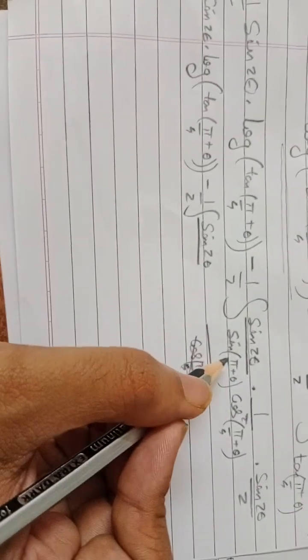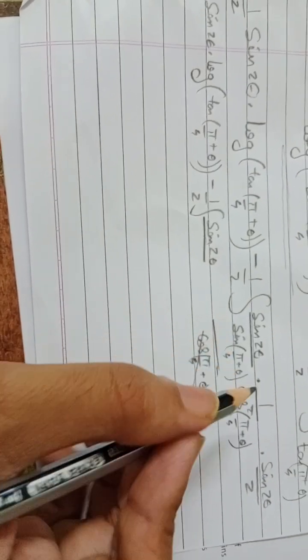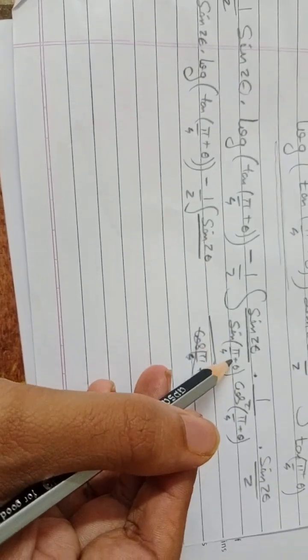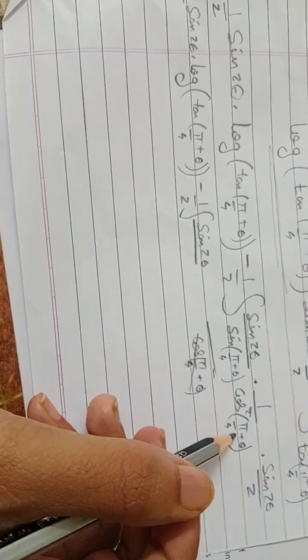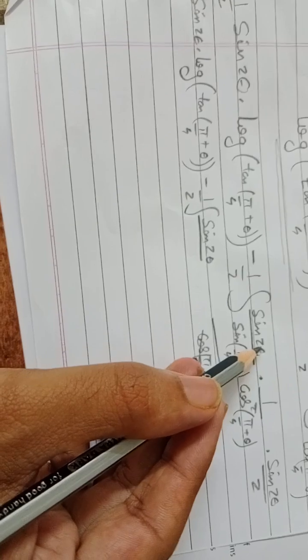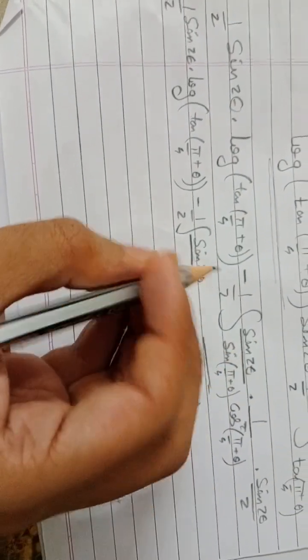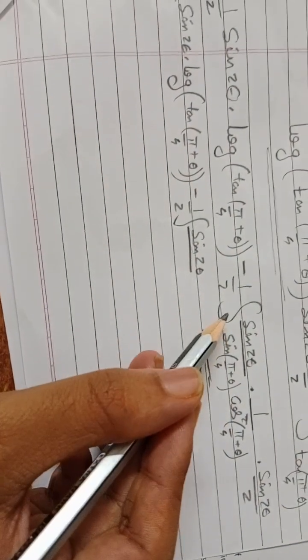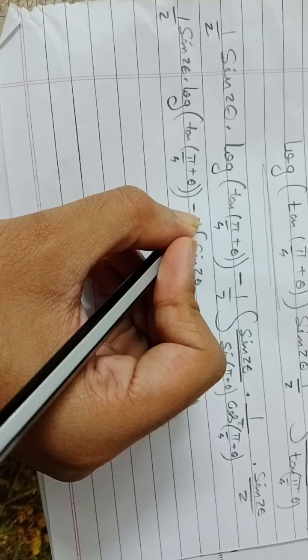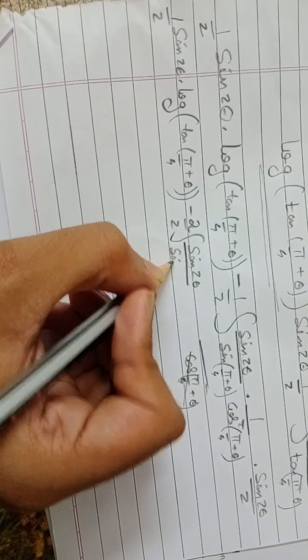And now if we want to make it into a simpler form, what we see here is sine theta and cos theta. So if we want to convert it again into sine 2 theta, we will need to multiply and divide by 2.